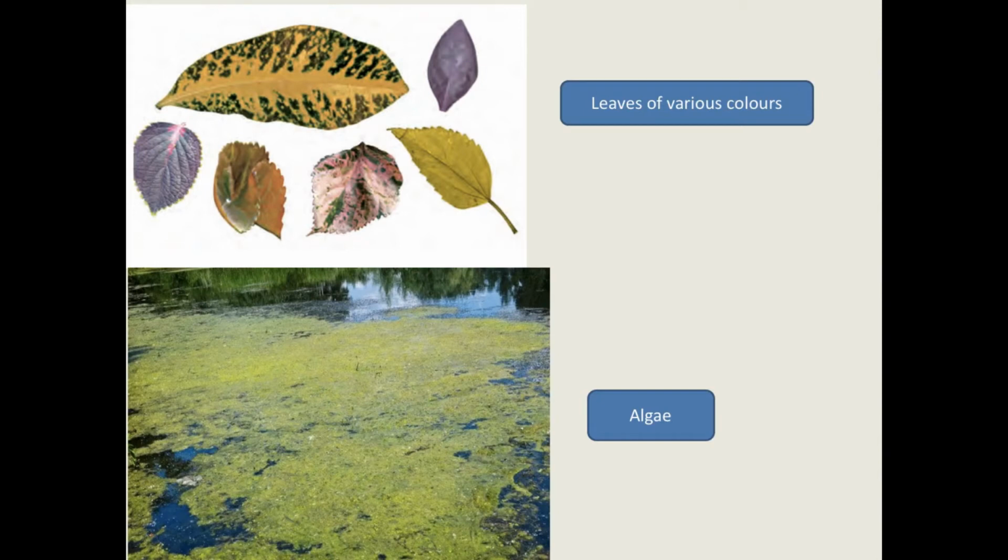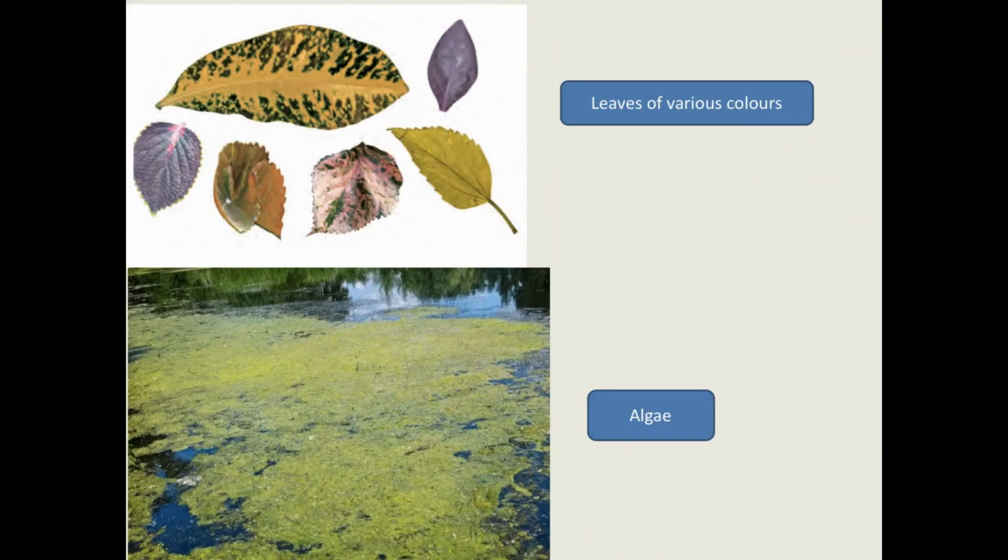If you see the pictures of a few leaves of a plant, they don't have the exact green coloration; you can see yellowish, reddish, with different shades of color. But still, they are also capable of carrying out the process of photosynthesis, and they do come under the group of autotrophic nutrition.